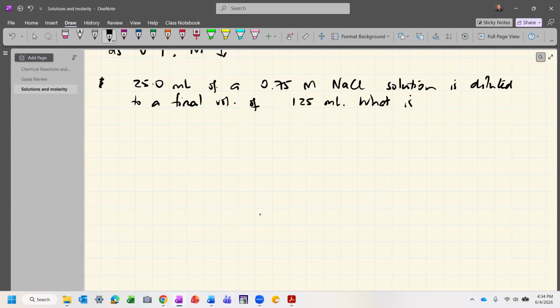What is the final concentration? So square brackets of NaCl.